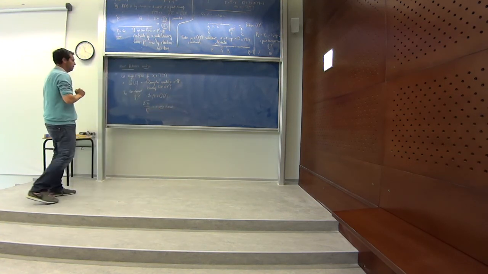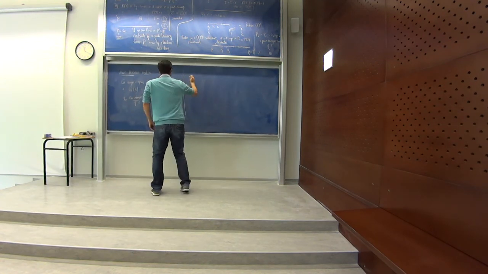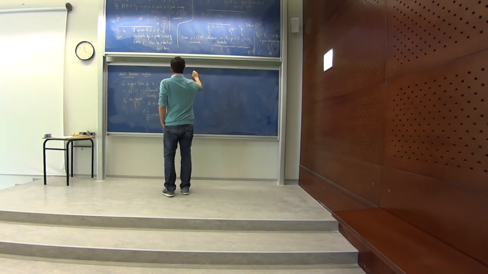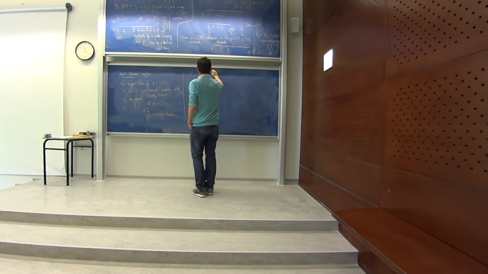So you integrate it, and you get this L2 structure, you get a product by looking at the integral over x of this.